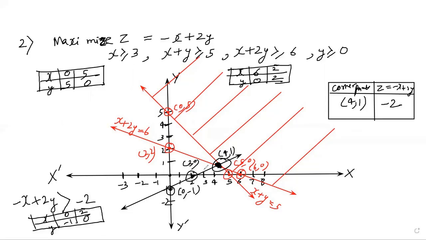In this case, since this line already has a lot of common points, you can see the line is inside the feasible region. So you can write it this way: the line minus x plus 2y greater than minus 2 has common points with the feasible region.